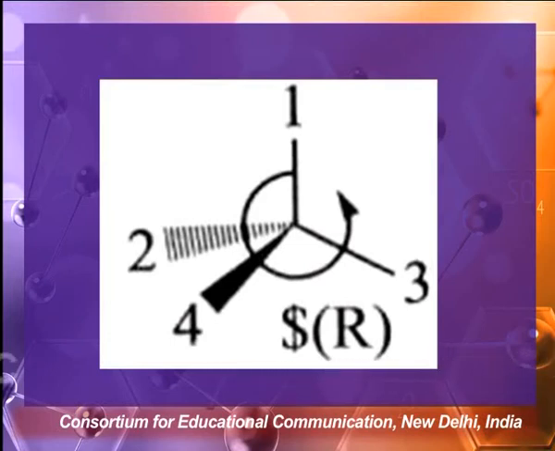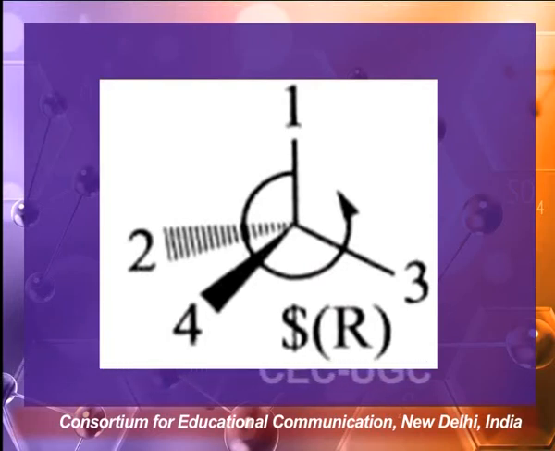So that means here the configuration is S. But remember, this is absolutely wrong configuration if we assign this to the molecule, because we are assigning this configuration when the group having lowest priority is facing us, whereas we have to assign configuration when this group is furthest away from us.